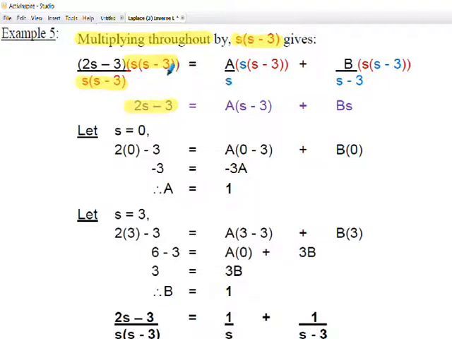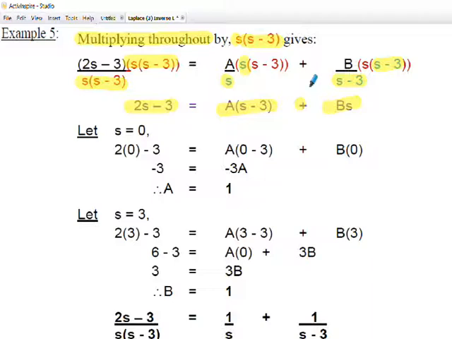If I multiply the first term on the right hand side, the a, by s(s minus 3), the s on the top cancels with the s on the bottom to leave a times (s minus 3). And if I multiply my second term by the s(s minus 3) term, we can see that the s minus 3 cancels top and bottom to leave me with plus b times s. So now I've got all my terms onto one line effectively by doing that.